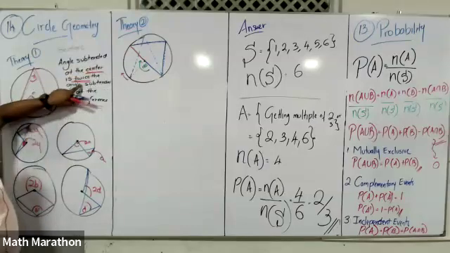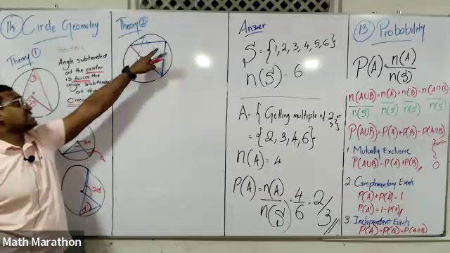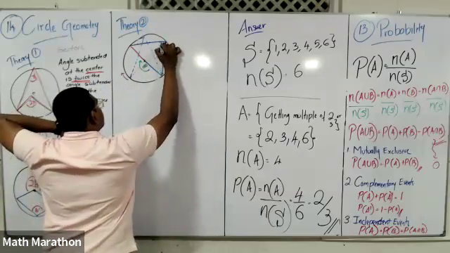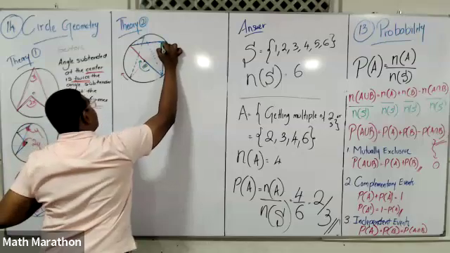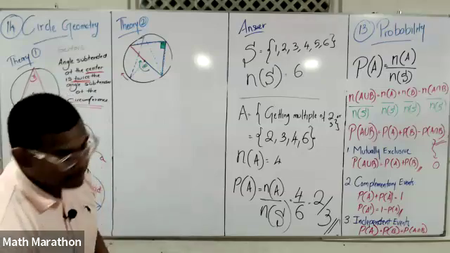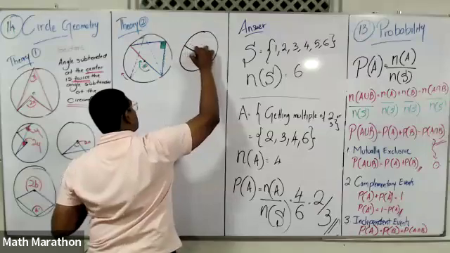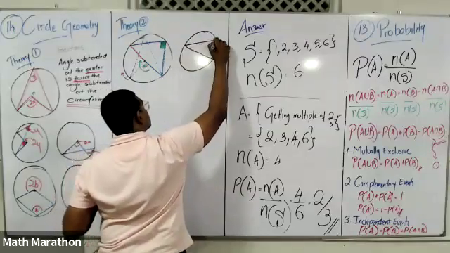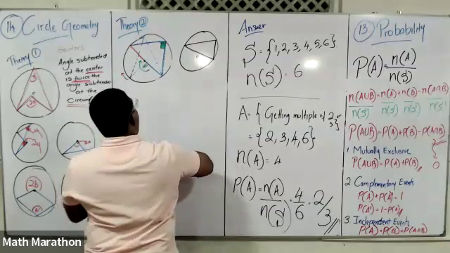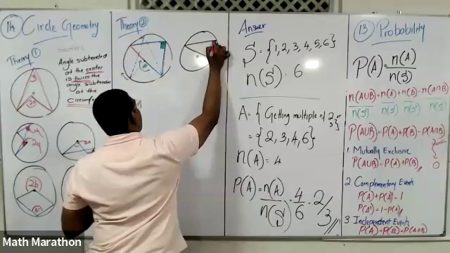Angle subtended at the center is twice the angle subtended at the circumference. If this is 180, then this is 90. That's why we say angle in a semicircle. Angle in a semicircle is a right angle.